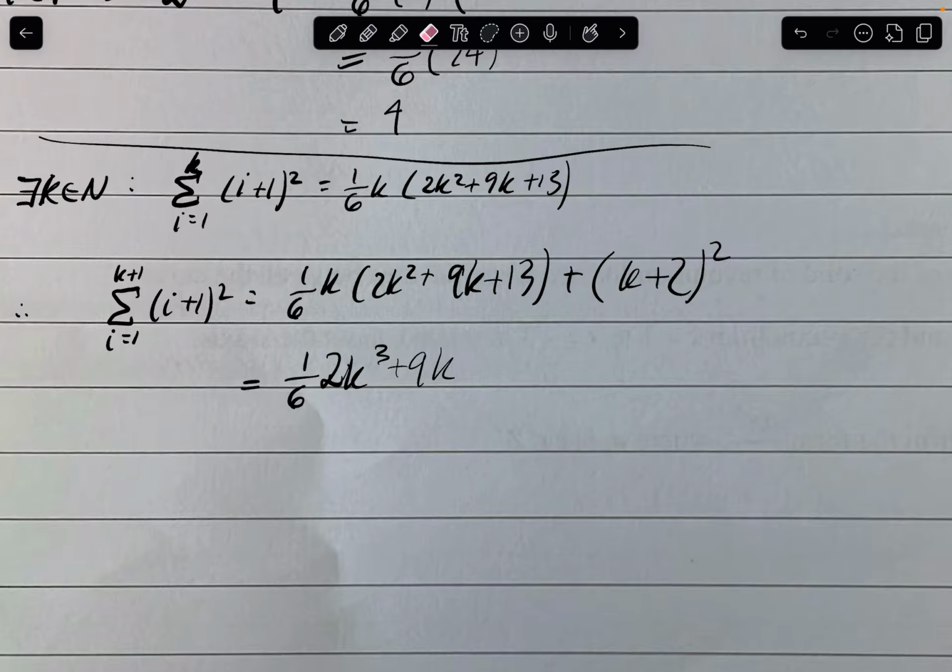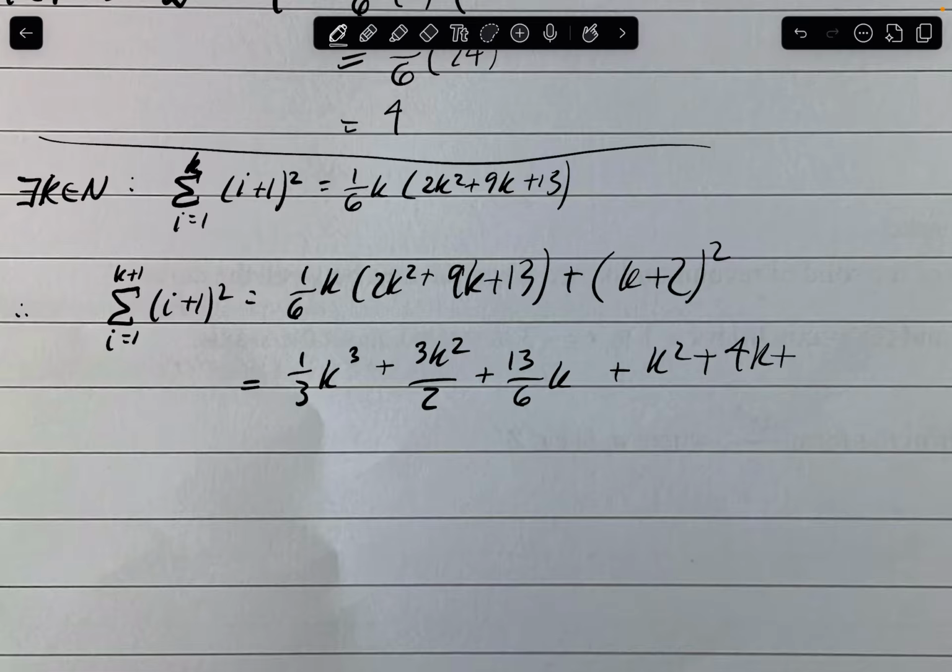Oh, I haven't expanded it. So that's 1/3. I don't want to do that. Okay, whatever. 1/3 k cubed plus 3k squared over 2 plus 13 over 6k plus k squared plus 4k plus 4.